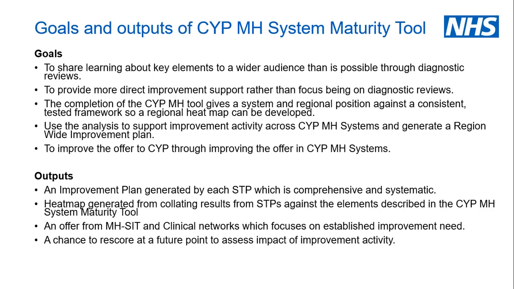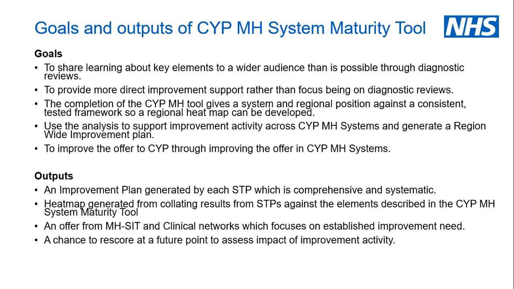So that would be our next goal, is we would hope that through the use of this system maturity tool, a region-wide improvement plan can be generated, which is based off that framework of need that's been shown by local services. And obviously we really hope that the offer to children and young people will be improved by this improvement to children and young people's mental health systems.